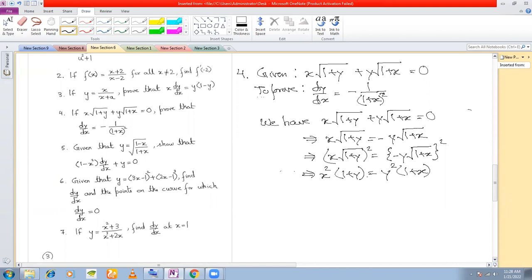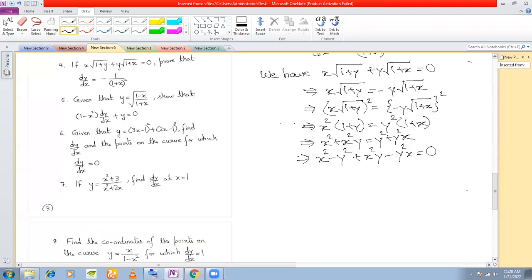Next, you multiply everything, you get x square plus x square y is equal to y square plus y square x. Now you take everything to the left hand side, you get x square minus y square, and you take x square y and y square x together.